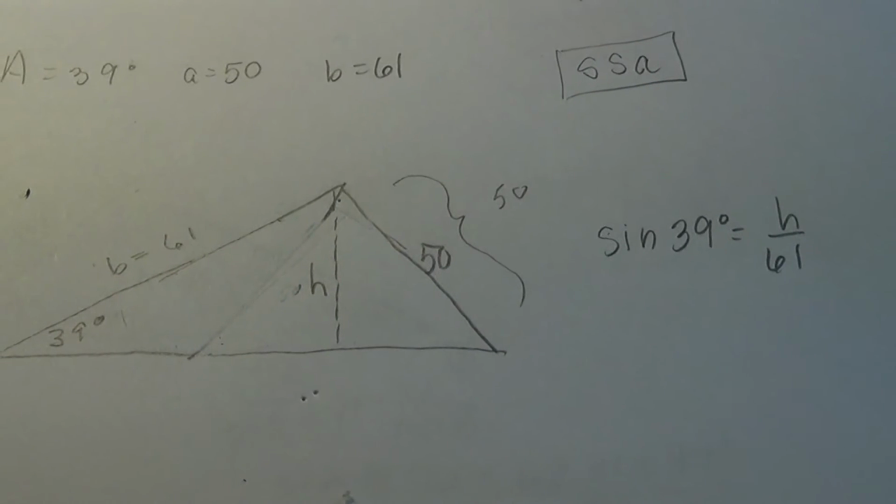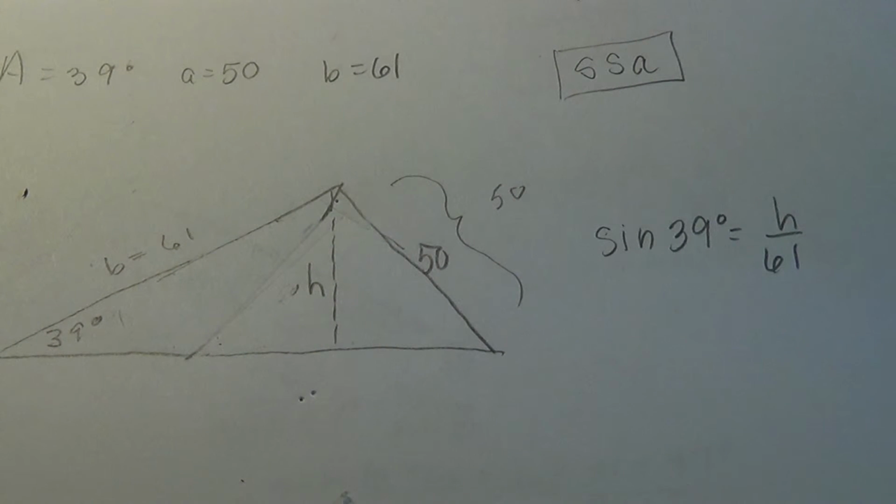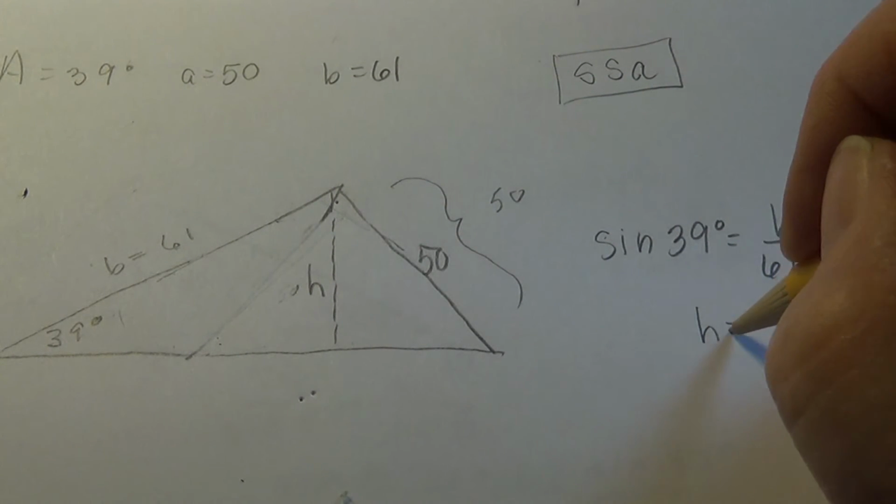So when I do sine 39 times 61, I keep typing it in wrong. All right, I get 38.4 for h.